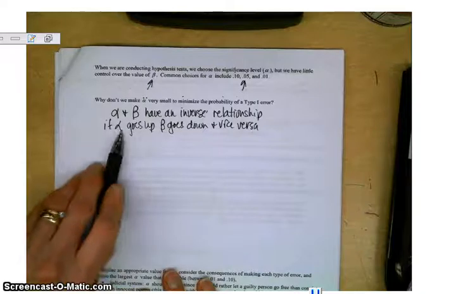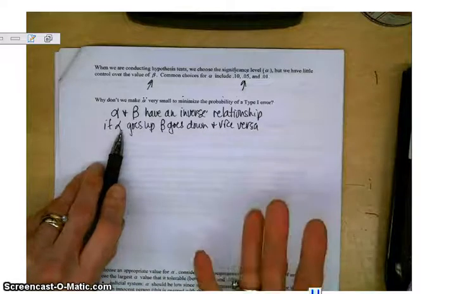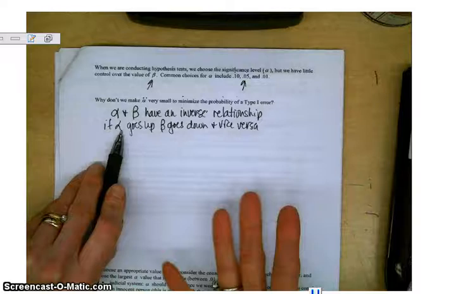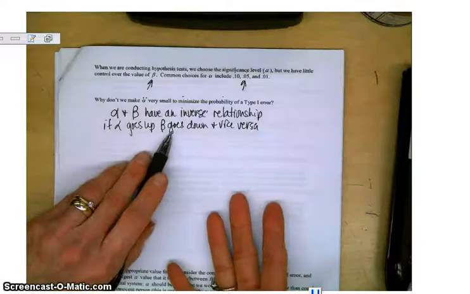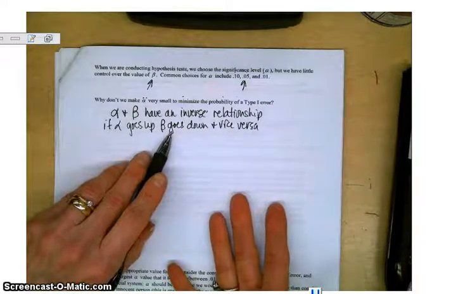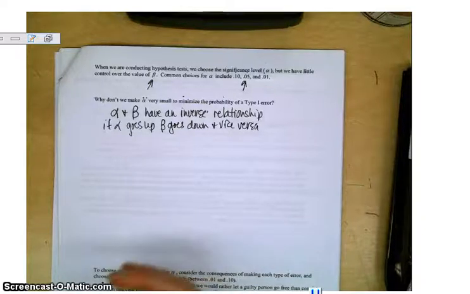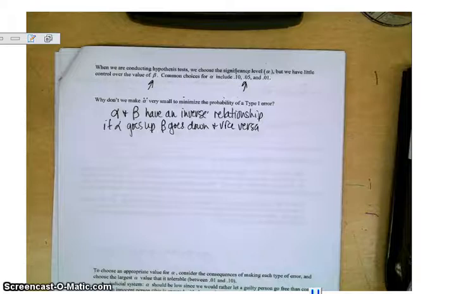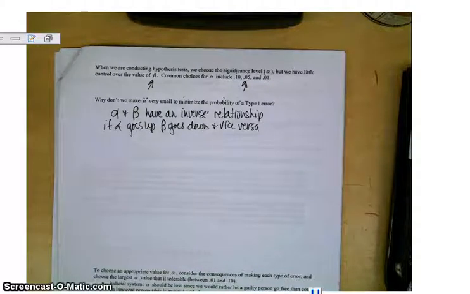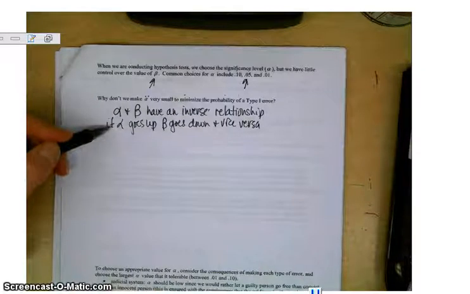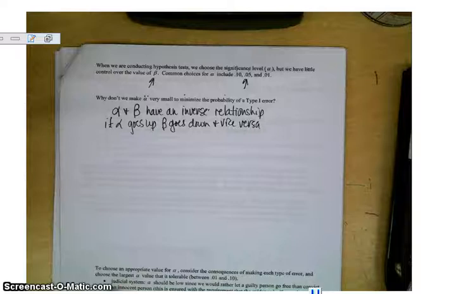If you make alpha go up, then the probability of a type 1 error goes up and the probability of a type 2 error goes down. So they have an inverse relationship. We'll talk more about this relationship in the next set of notes when we start talking about power and all the decisions that can be made.